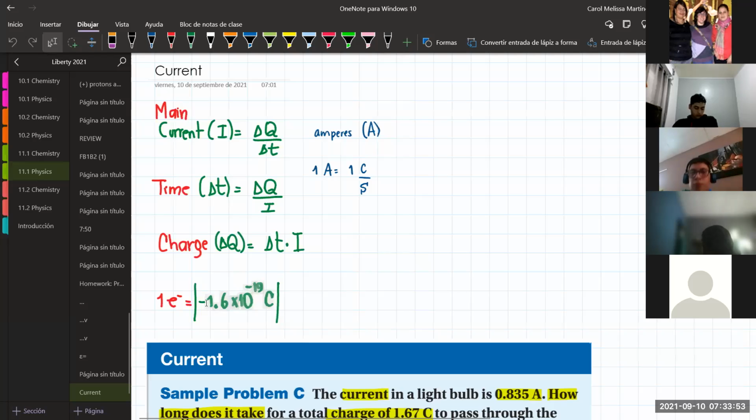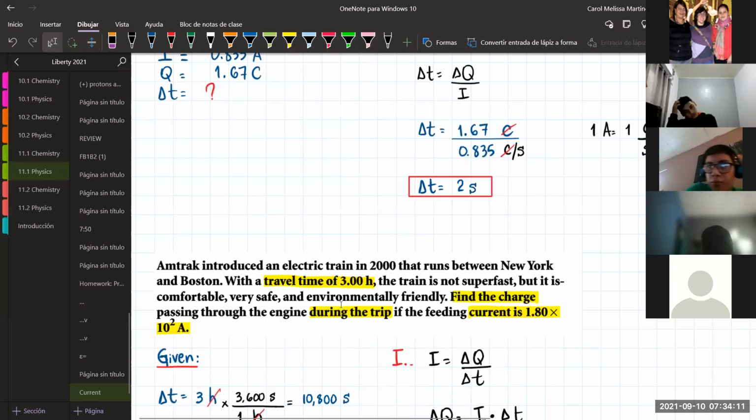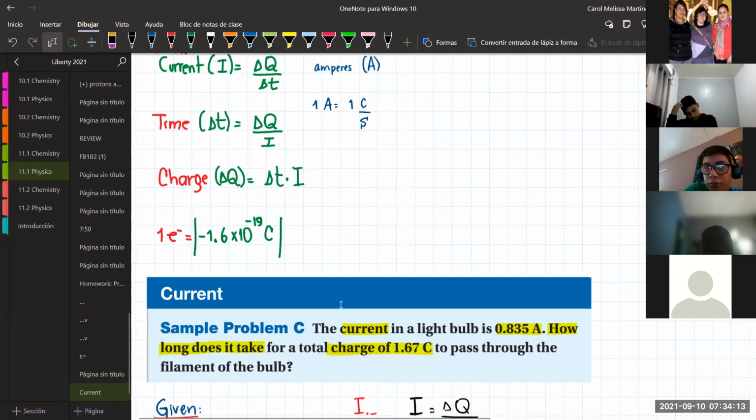And here the value is negative, as you can see. But here I put these bars. Do you remember what these bars mean? Guys, what does this bar mean?